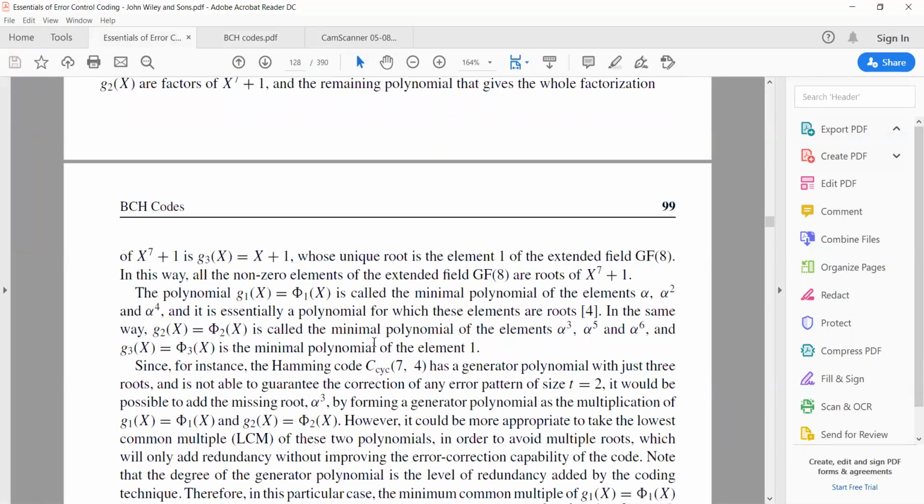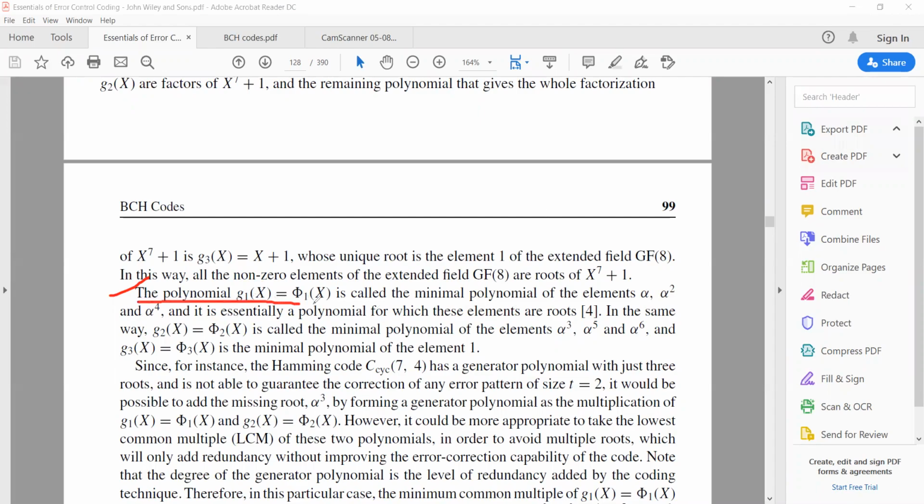Now this is very important: the polynomial g1x, meaning 1 plus x cube, is called the minimal polynomial of the elements alpha square and alpha to the power 4. That means the polynomial whose roots are those elements is called their minimal polynomial.